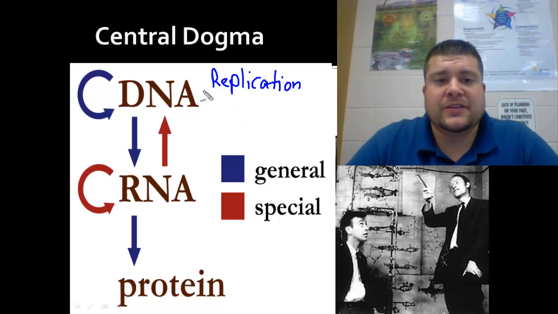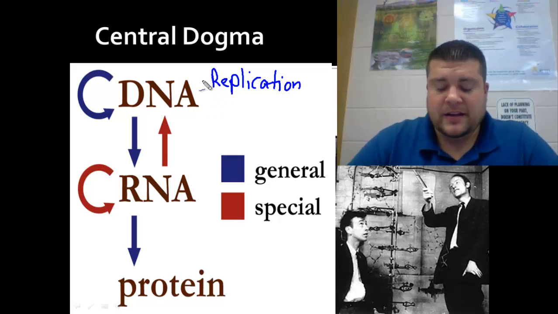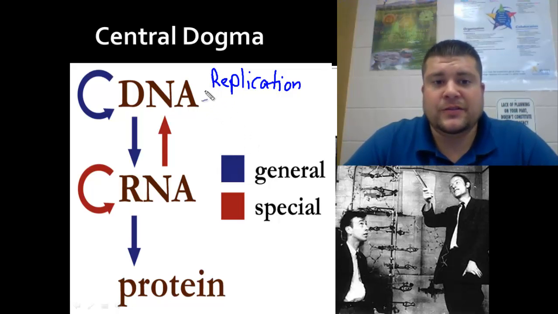And through DNA replication, we can make more and more DNA to pass on to our offspring. When we want to create proteins in eukaryotic cells and in all cells, we have to create RNA. So this RNA allows us to connect to ribosomes, which create proteins.